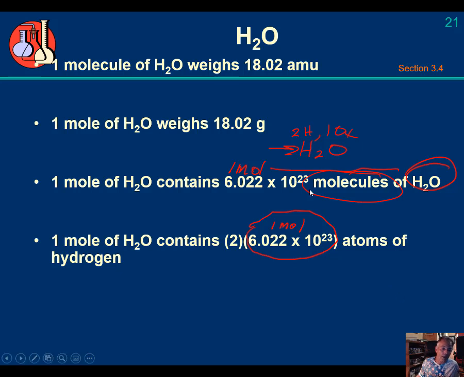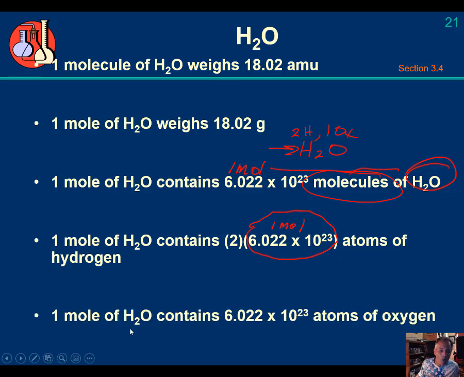And so guess what? 1 mole of water contains Avogadro's number atoms of oxygen, because in H2O it's a 2-to-1 ratio. And if we're talking about moles, that means I have 2 moles of hydrogen plus 1 mole of oxygen.